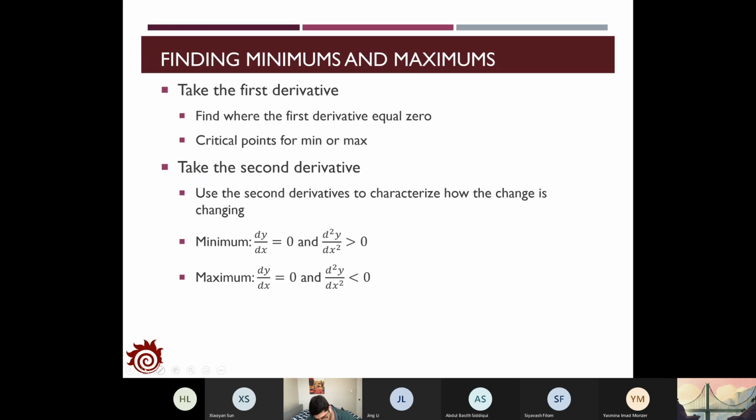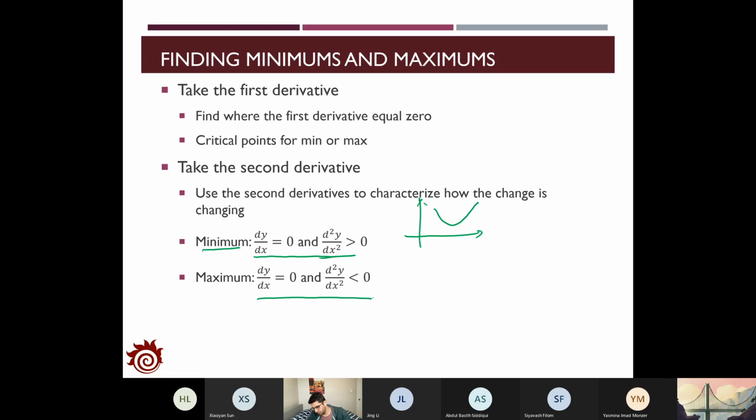Then we take the second order derivative, d squared y divided by dx squared. If dy over dx is 0 and the second order derivative is positive, then this is the minimum value, which should be the case for a convex function.